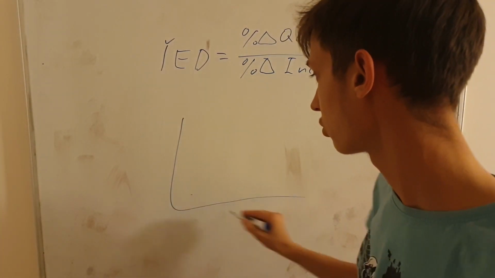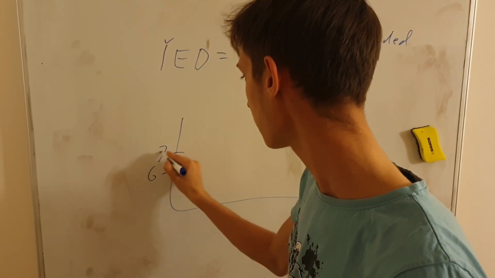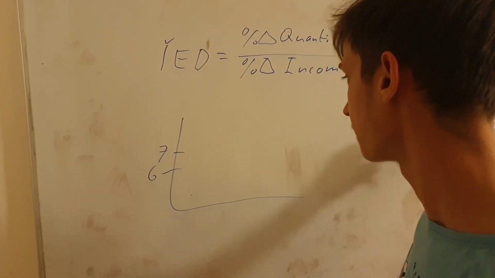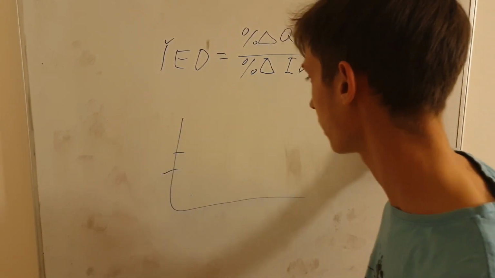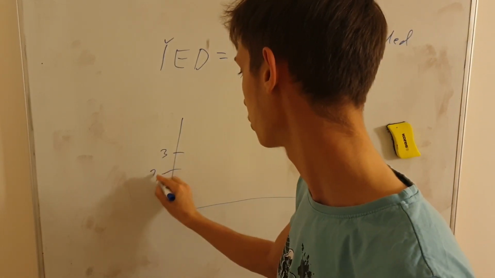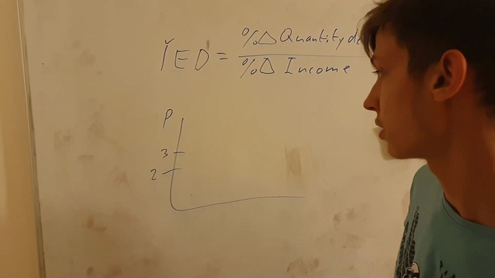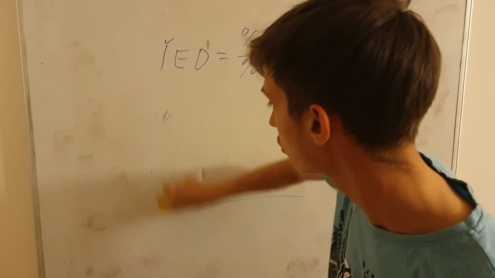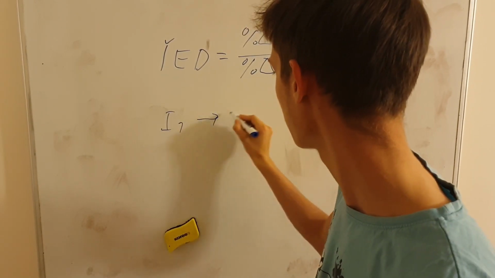Let's give an example. So we're going from, let's say, 6 to 7. Or maybe this is a little bit hard to calculate. So let's say we go from 2 to 3, and that means the income rises from 2 to 3. Let's not even use the graph, maybe even easier will be income 1 to income 2.